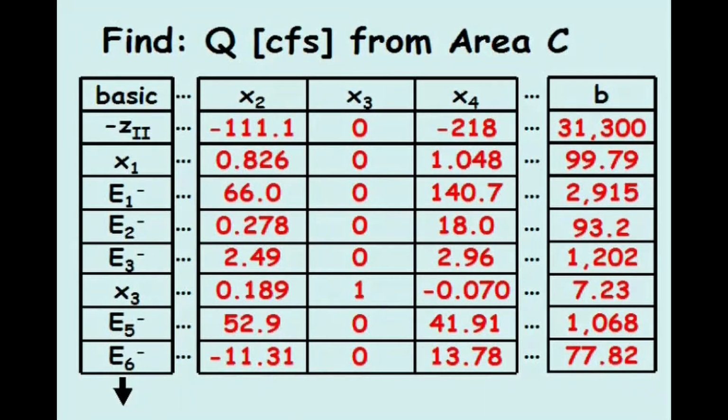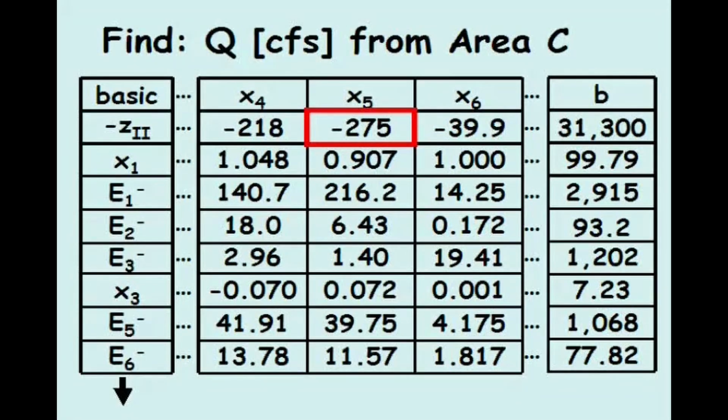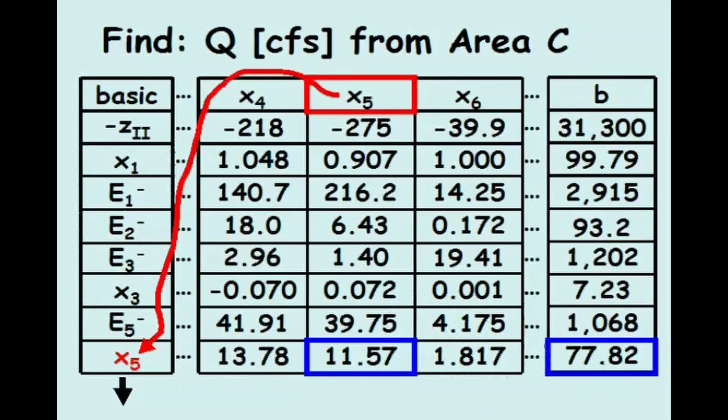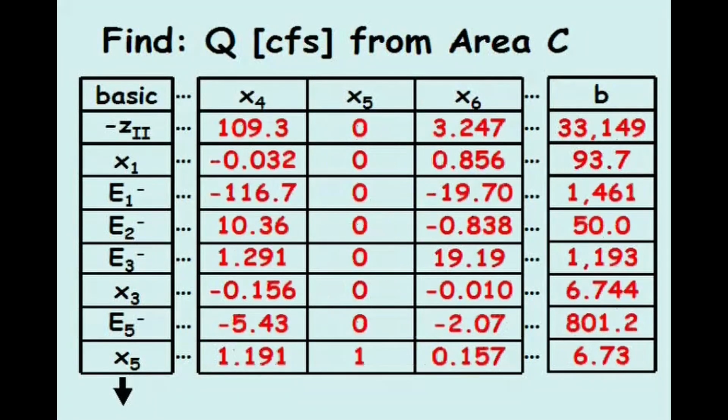Next, variable x5, which represents the runoff flow rate from area E, enters the tableau for variable E6 minus. After pivoting about variable x5, the tableau is again in canonical form.